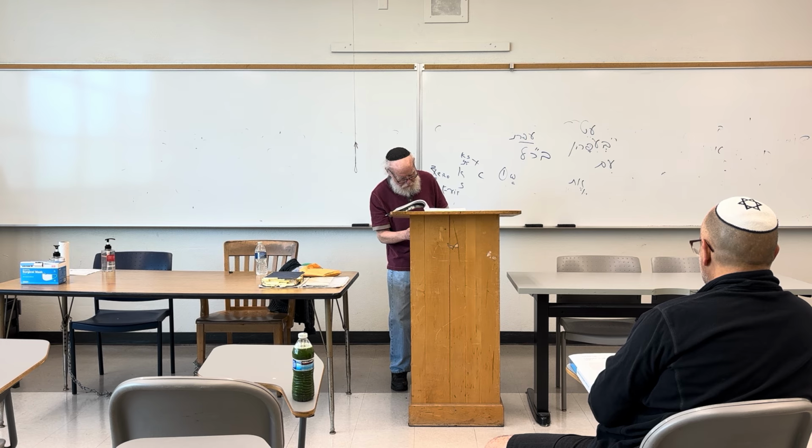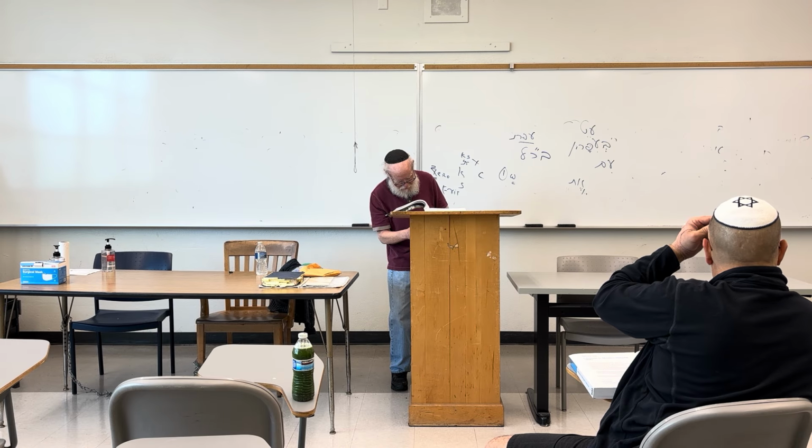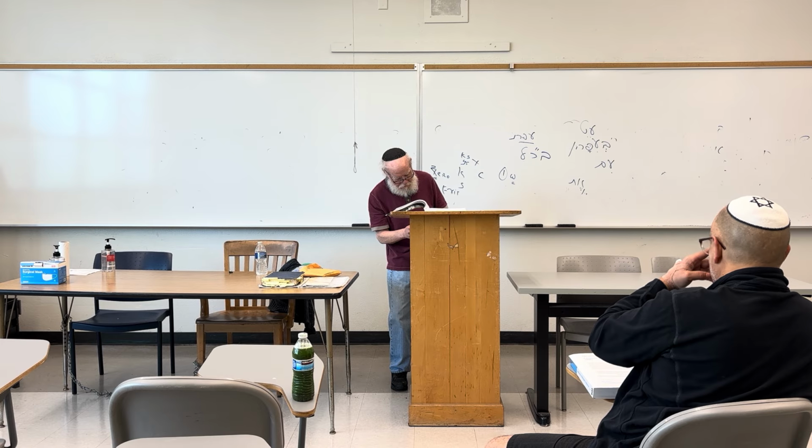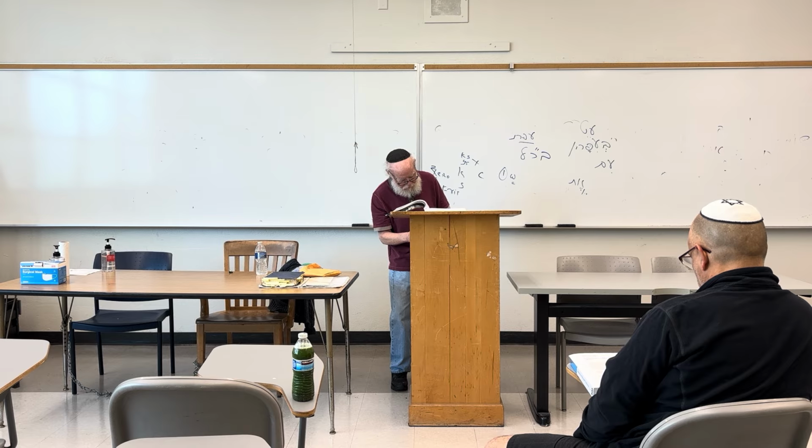And let me see what word he says here. Well, he doesn't have the word I have in mind, afer, but he has the word afur, ayin pei resh, and the translation is earthen, E-A-R-T-H-E-N, earthen.